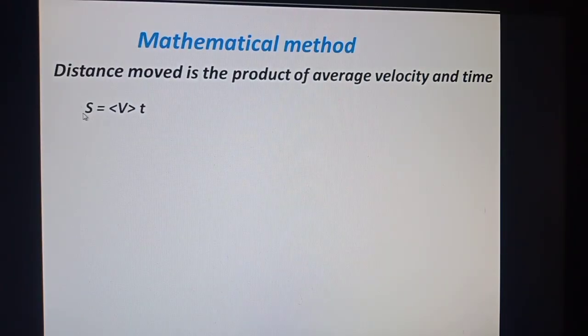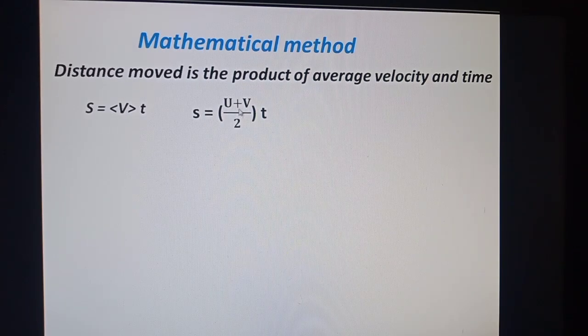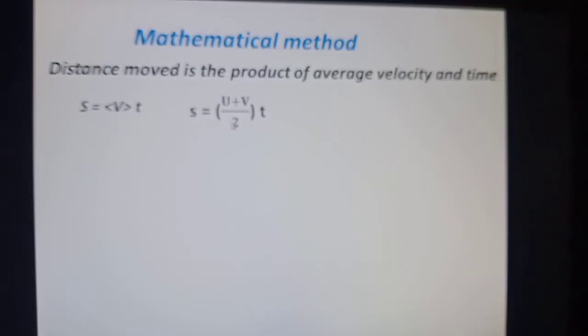S for distance equals average velocity multiplied by time. This will give you the distance moved by the body. Students, what is average velocity? Average velocity is obtained by adding the initial and final velocity and dividing the value by 2.